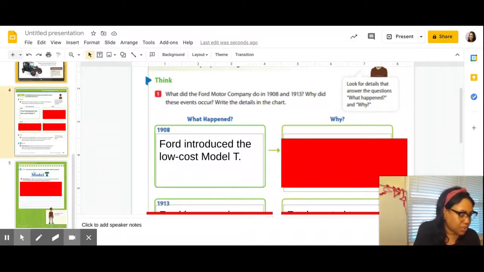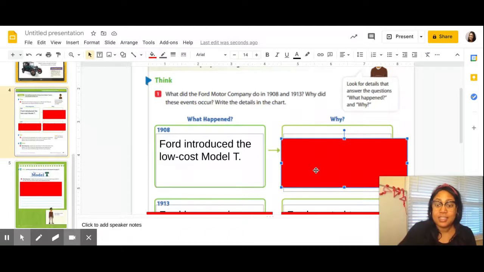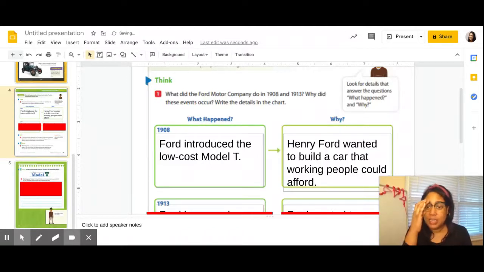Henry Ford wanted to build a car that the average working person could afford. Yes. He wanted to build a car that working people could afford. So what happened? He built the Model T. Why? What was the purpose? So that average or working Americans could afford them. You didn't have to be super wealthy to get a car.